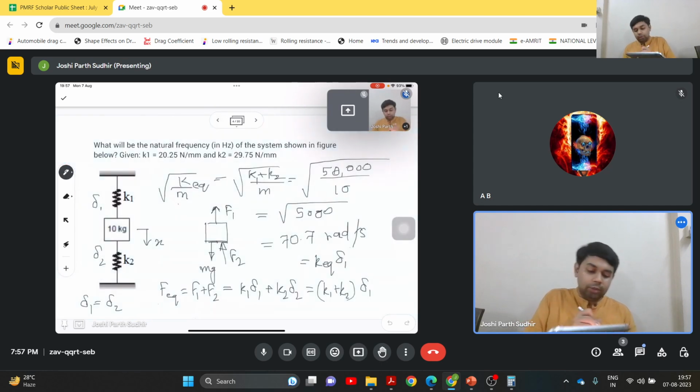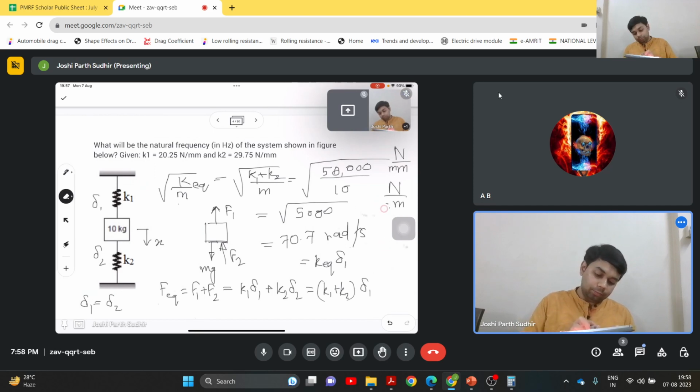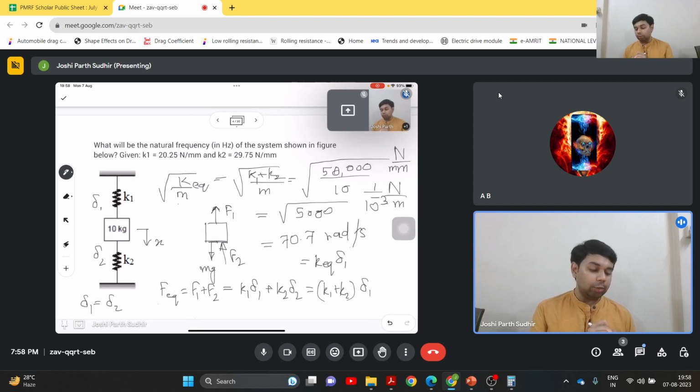If we write it in Newton per mm, it means Newton per meter into 1 upon 10 to the power minus 3, because we are using millimeter. So 1 Newton per mm is the same as 1000 Newton per meter.